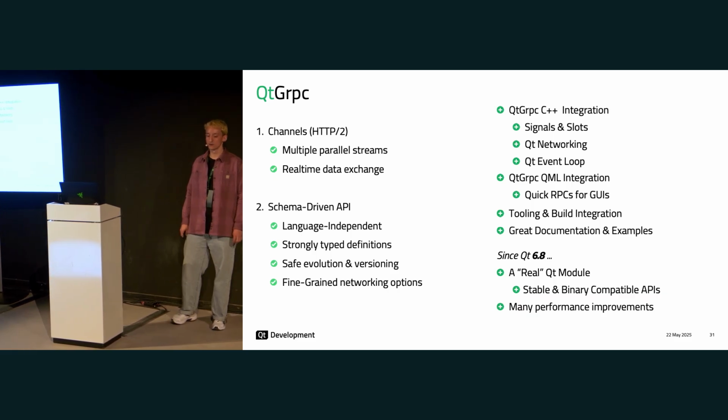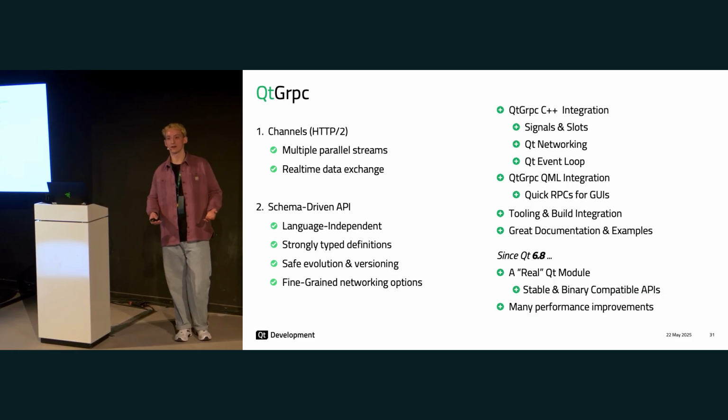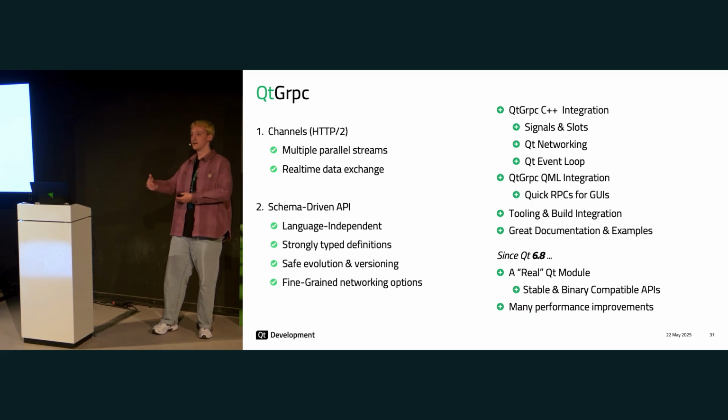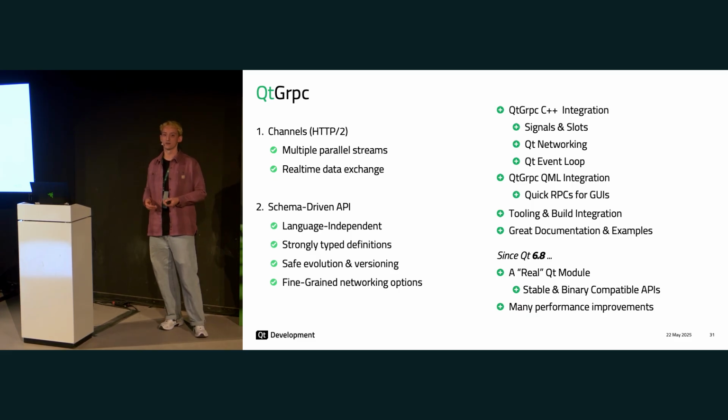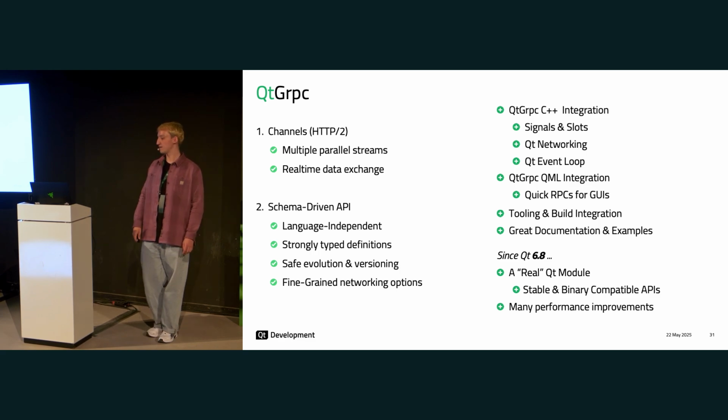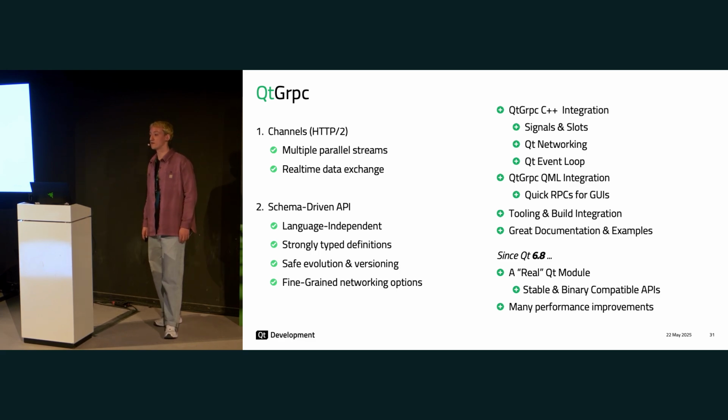And we use the Qt event loop to drive everything. The alternative, if you would like to use gRPC in your Qt application, would be to spin up a thread and poll it and integrate it manually somehow into Qt. Not a very pleasant experience, and also not a very performant experience.